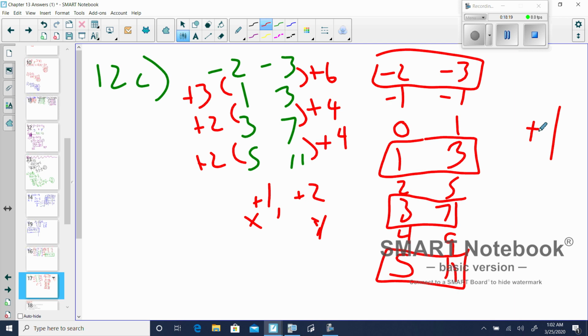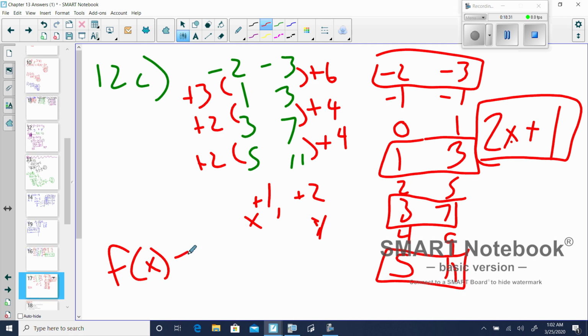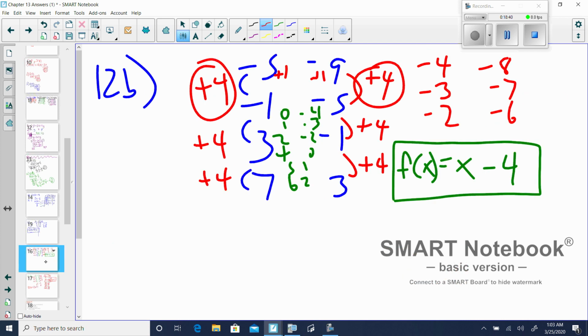So why don't we say that that looks like a slope of 2 right there, 2x plus 1. 2 times 5 is 10, 10 plus 1 is 11. So our f of x is 2x plus 1. We're at 2x plus 1.